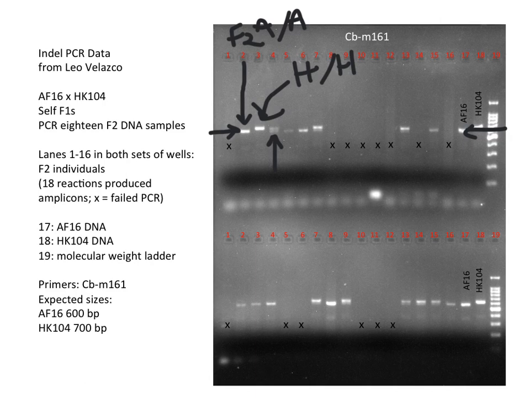Two bands, 2 different sizes. That means it's got one chromosome that's AF16 and one chromosome that's from HK104. So that's a het, A over H. So that's the simple way to analyze these gels. You just compare the band size with the standards.